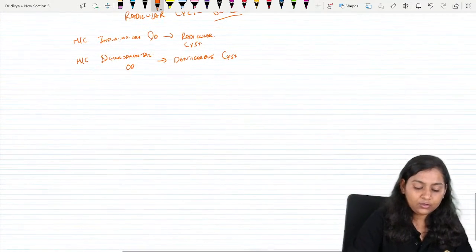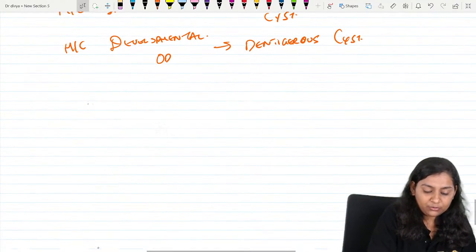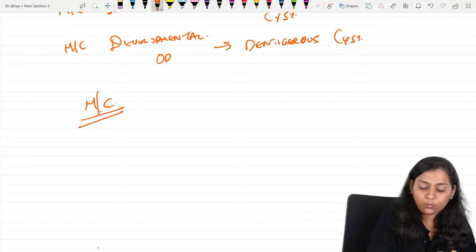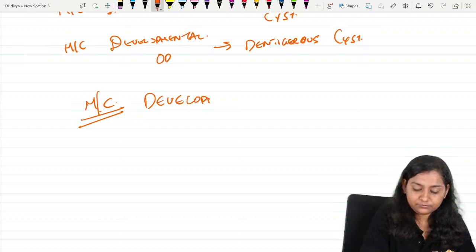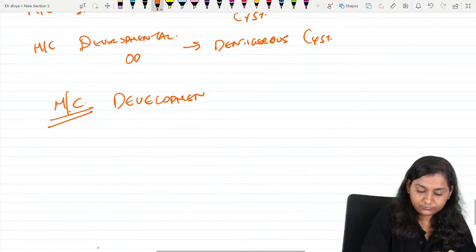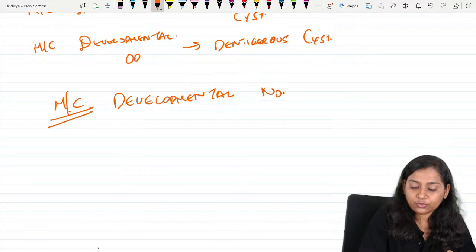Okay. Now, I know I have not discussed about this, but since we are discussing about the one-liner, we can discuss it. Which is the most common developmental non-odontogenic cyst?